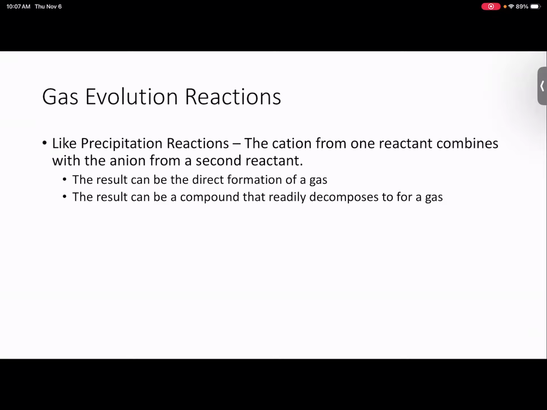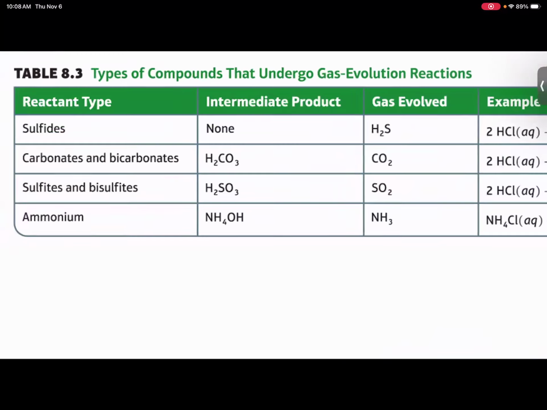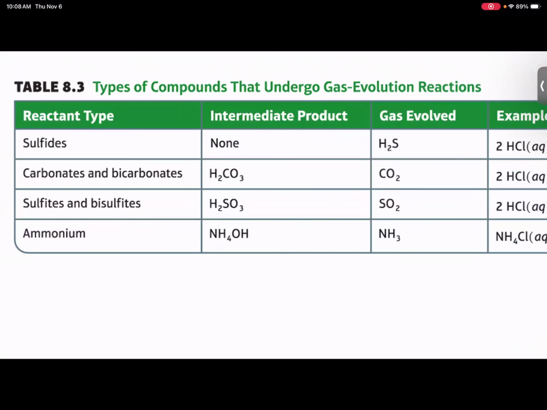But basically, whether they're precipitation reactions, acid-base neutralization reactions, or acid reactions with a metal, you can get gas as a product. Now, there are certain types of compounds that undergo gas evolution. One of those is a sulfide.